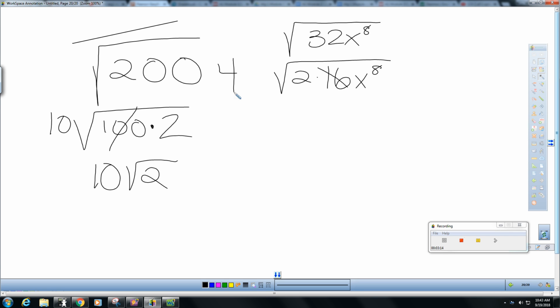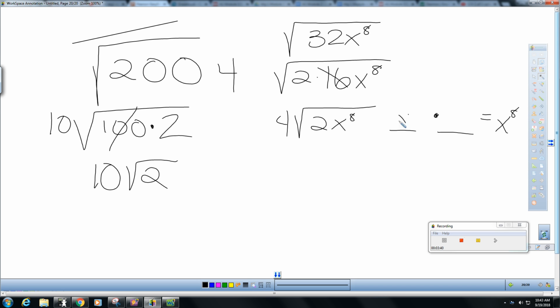All right, so let's just rewrite it. This is 4 radical 2x to the 8th. Now, is there something that when you multiply it by itself, it gives you x to the 8th? What times what equals x to the 8th?